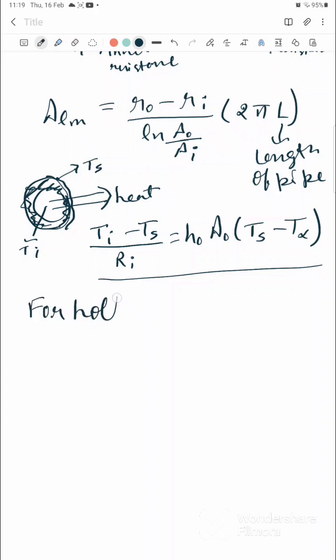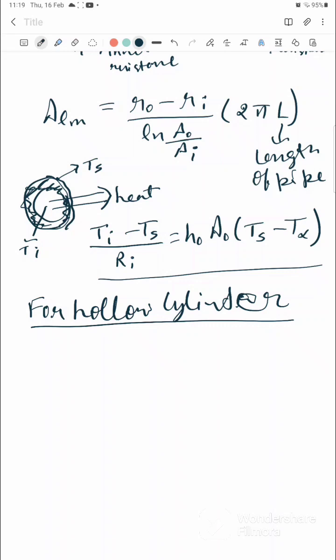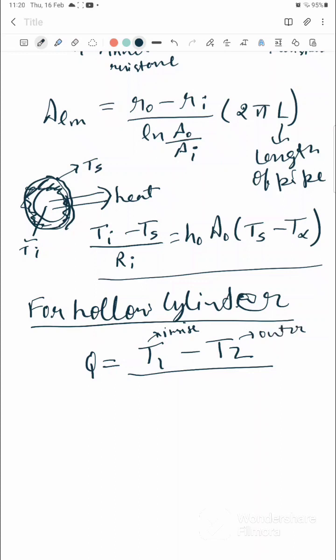For hollow cylinder, Q is T1 minus T2, inside, and this is inside, this is outer temperature, 1 upon 2 pi KL ln R2 by R1.